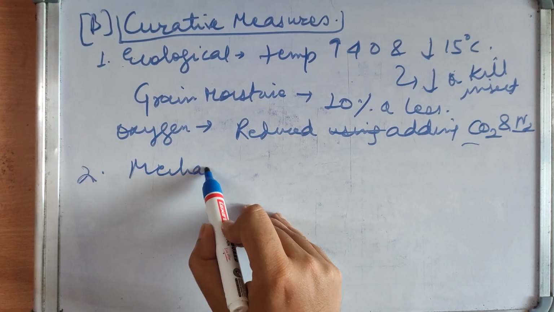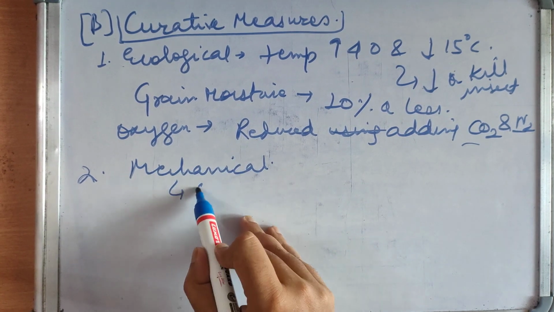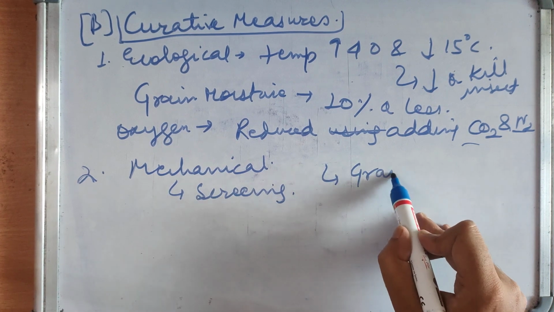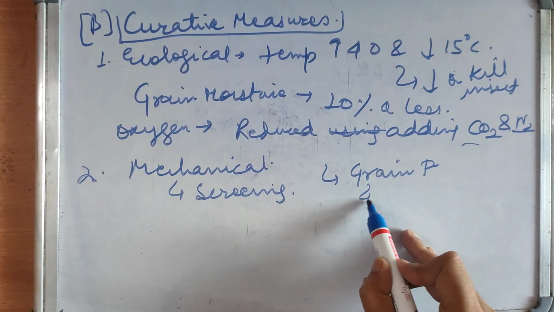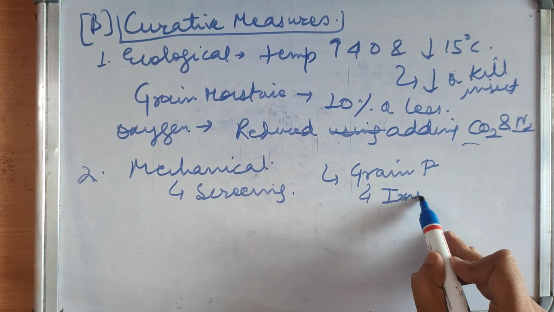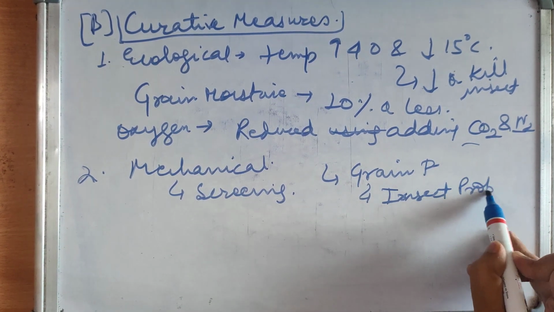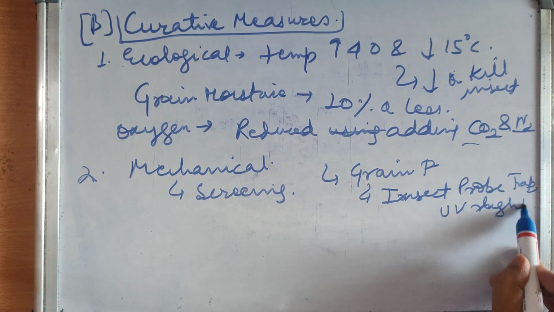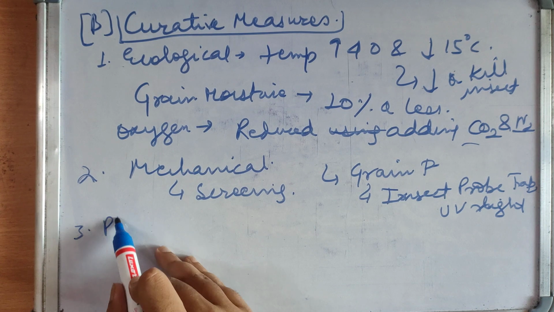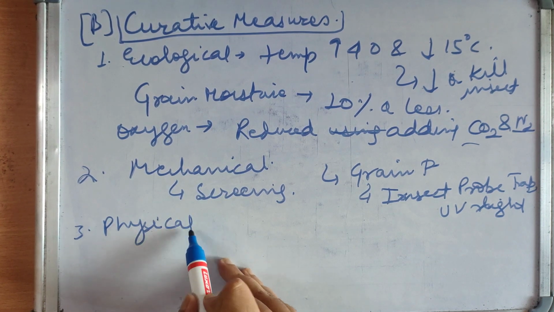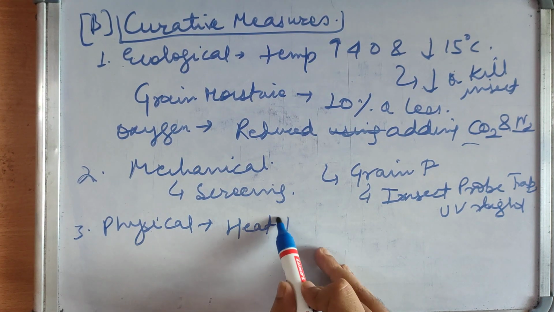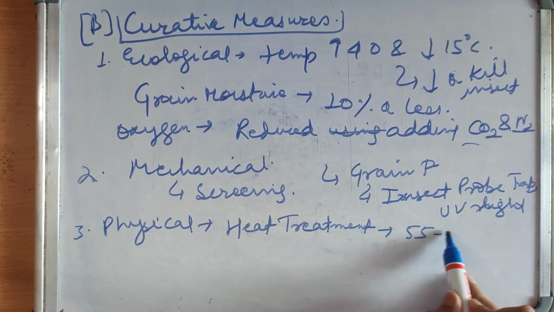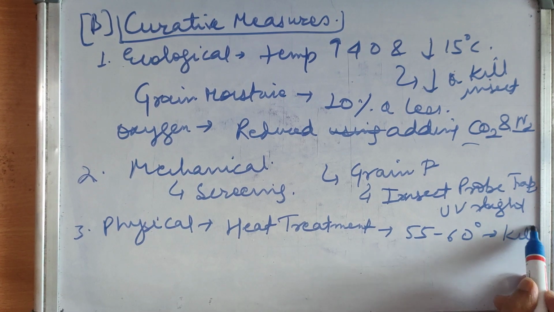What are the mechanical measures? Mechanical curative measures such as screening. We can do grain protection, such as using insect probe trap. We can use UV light, etc. Now third one is physical, that is heat treatment. 55 to 60 degrees Celsius will kill insects.